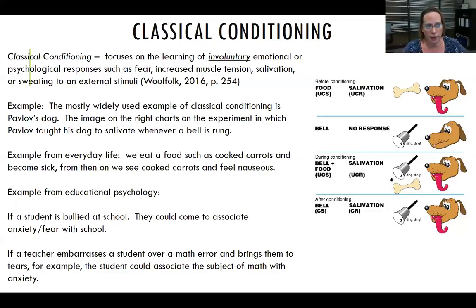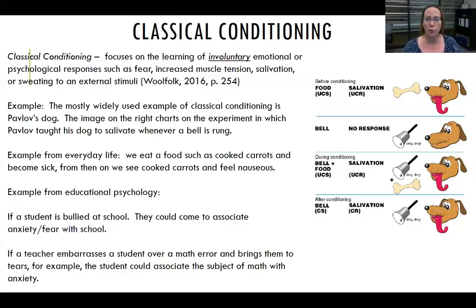So the most widely used example of classical conditioning is Pavlov's dog. So Pavlov taught his dog to salivate every time he heard a bell. So how he did this is, in the beginning, there was no association between the bell and eating, but he started to ring the bell and give the dog food.